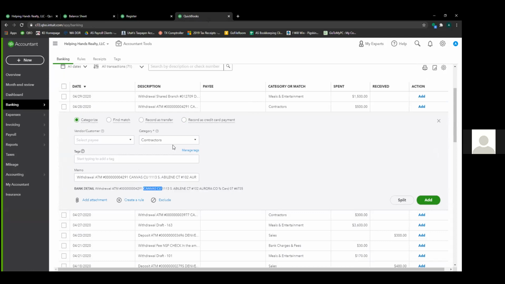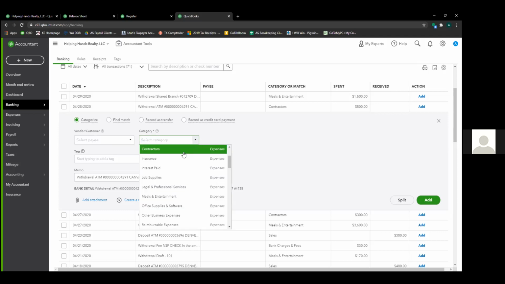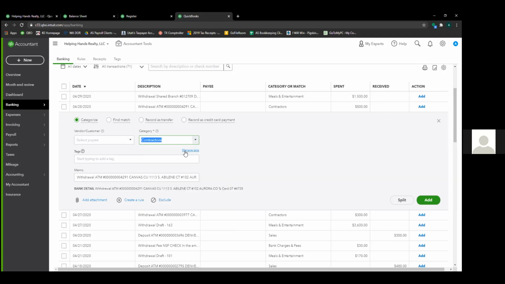Yeah, if this is related to contractors of some sort. Yeah, I think it was related to contractors on a property. Which property do you know? I think it was Elkhart. You just type that in. Do we have that one? No, we don't have that one yet. So the point is, you do not put it to the contractor's expense account. You need to put it to the inventory account.